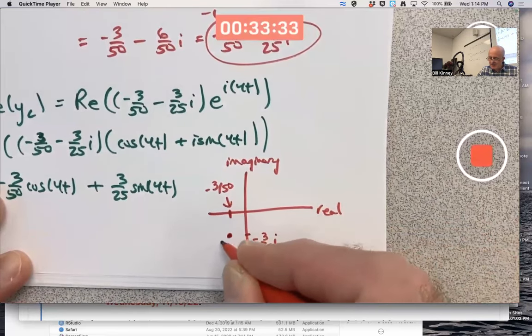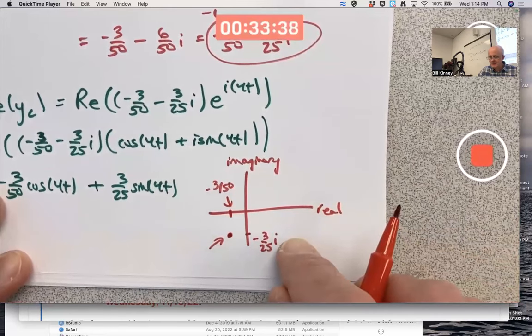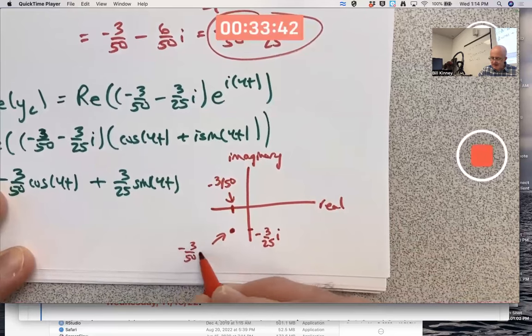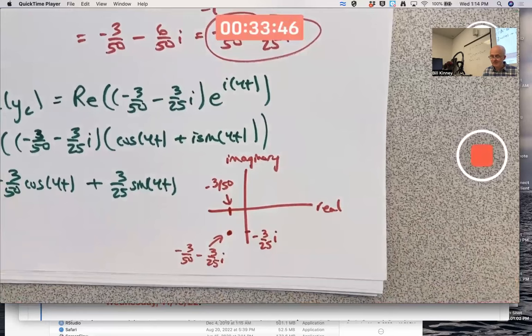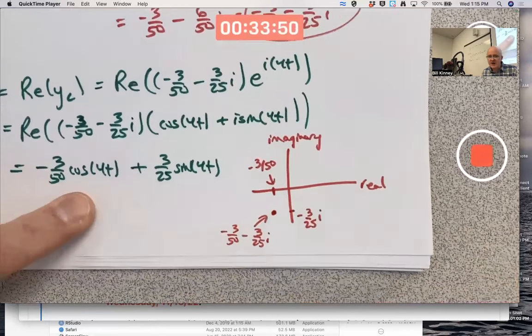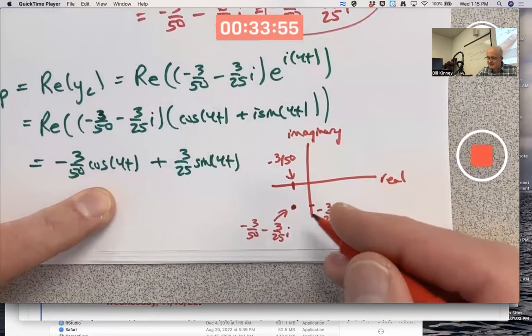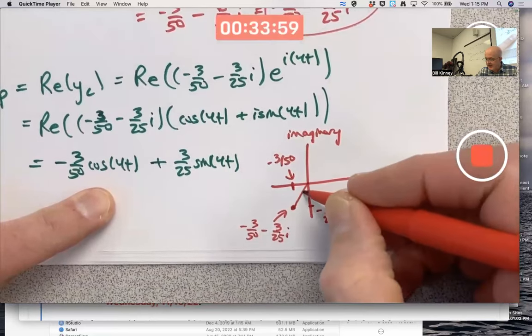Then this number that has those two numbers without the i as coordinates would represent negative 3/50 minus 3/25 i. The secret information about this function that's sort of encoded by this complex number is found by figuring out its distance to the origin and also figuring out this angle.